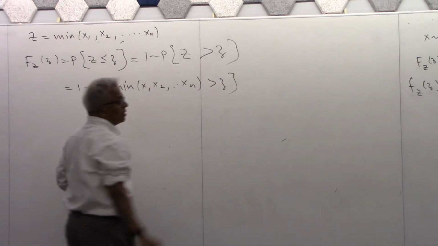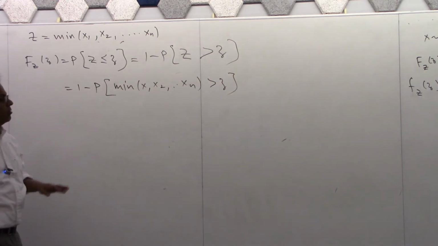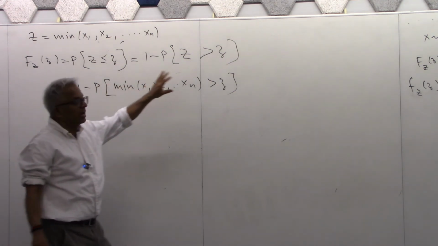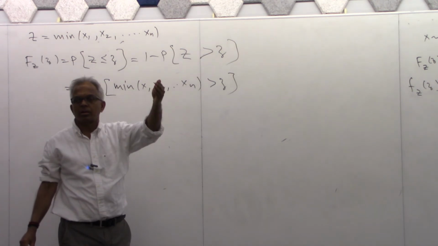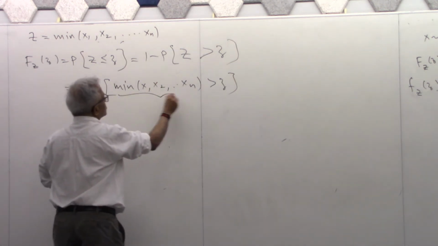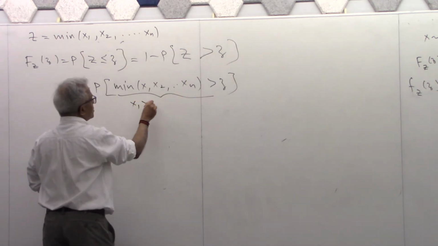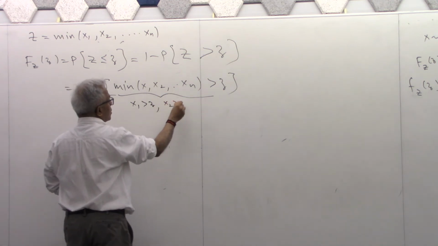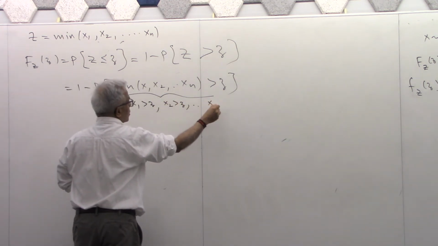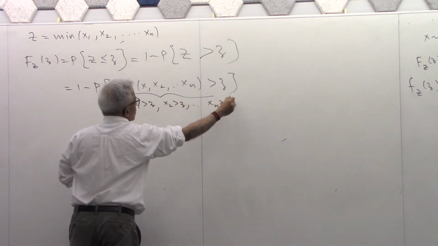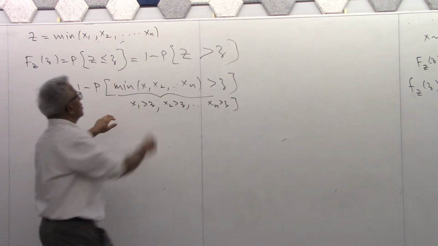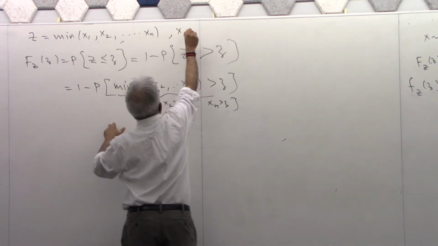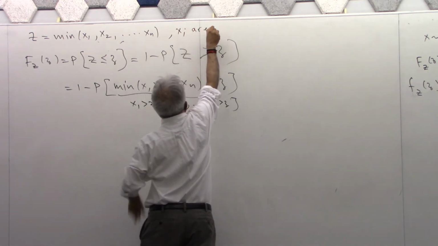All right, now here comes the part whether you like it or not. If the minimum is greater than z, what can you say about each one of them? Greater than z. So I hope this is one and the same? This is the big part here. So I avoided all this last time. I'm going to assume here also the Xi are independent.